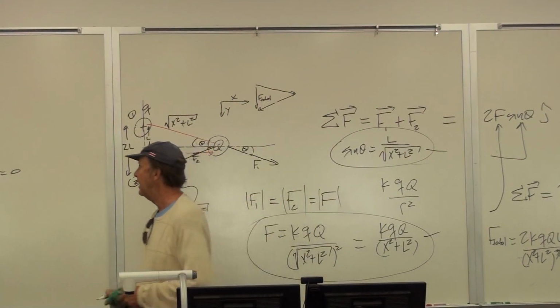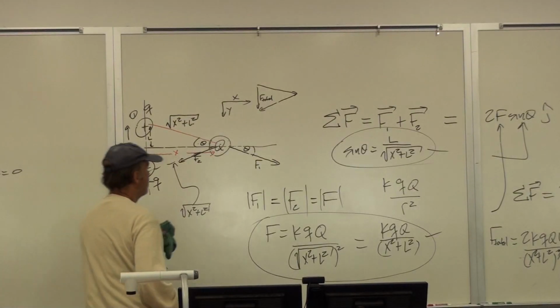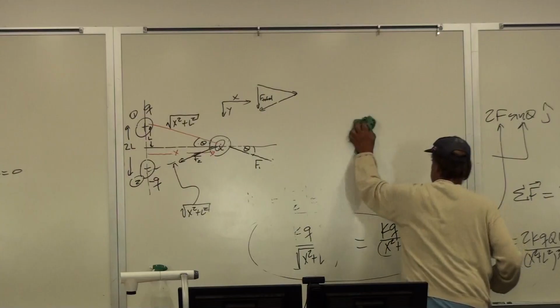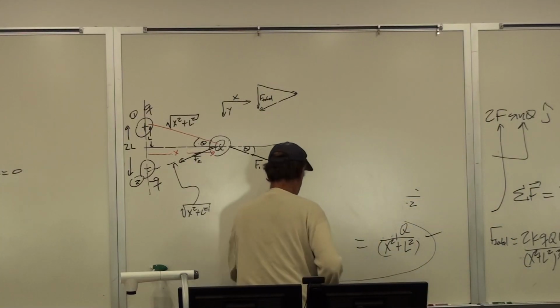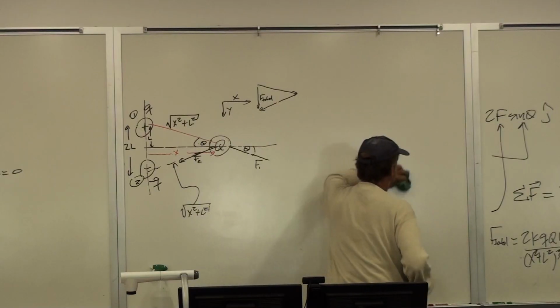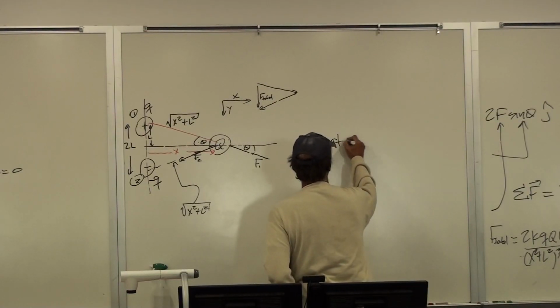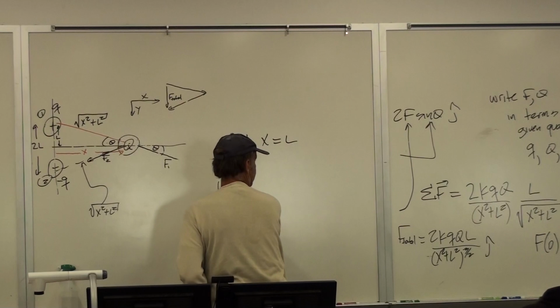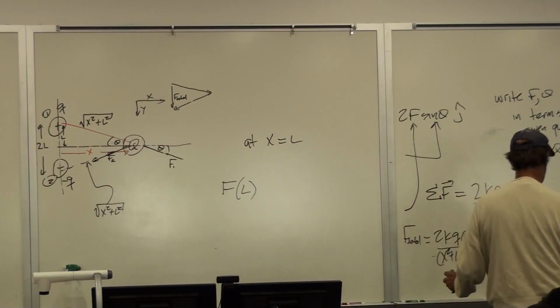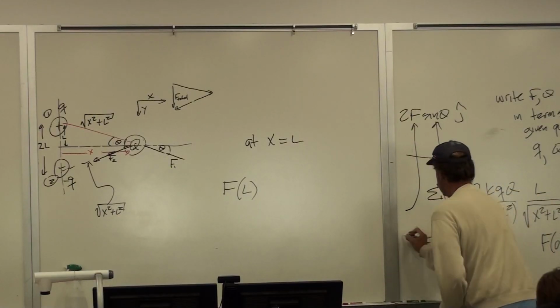So let's just see how much cancellation we get at x equals L. So then we have f of L, right? This is f of x in general.